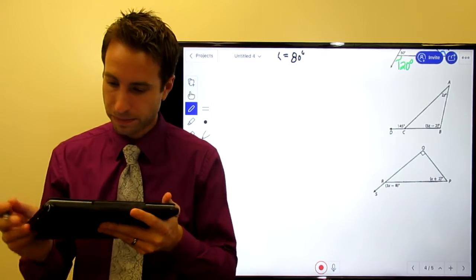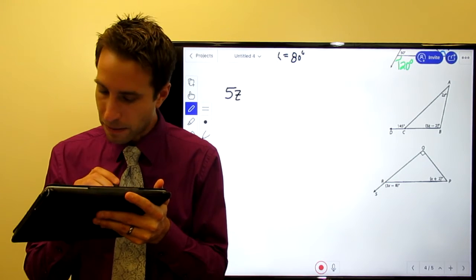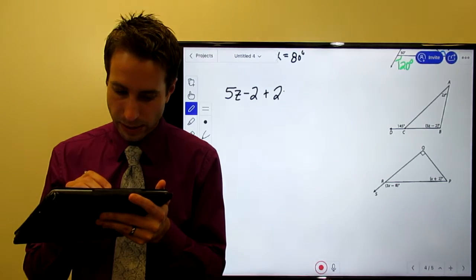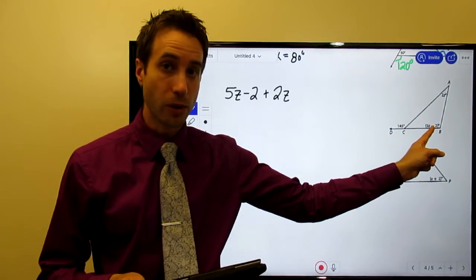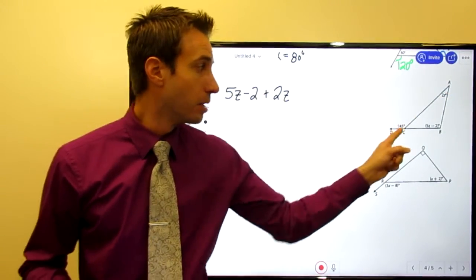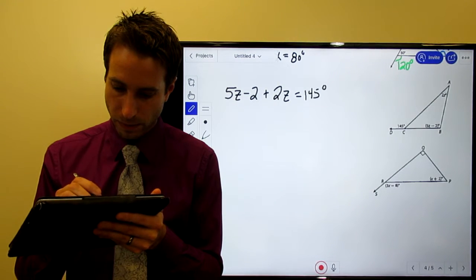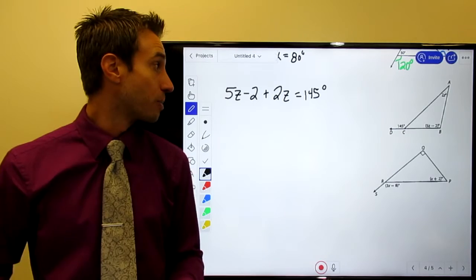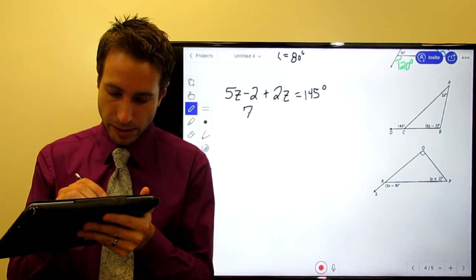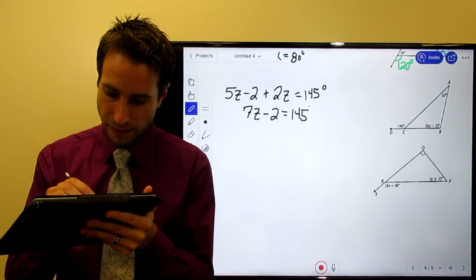So set it up. I know that 5z minus 2 plus 2z, this remote interior and this remote interior, must sum to 145. A little bit of simple algebra here. 5z plus 2z, how about 7z, minus 2, equals 145 degrees.